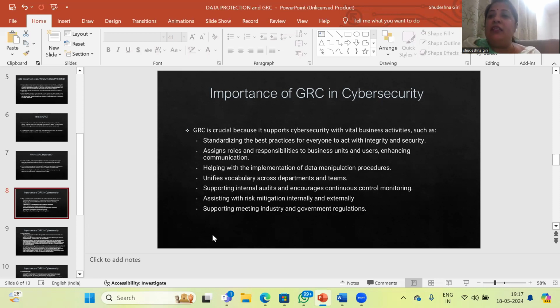Then you support internal audits and encourage continuous control monitoring. To protect against such things, governance is also a part of audit. In an audit you find out what your process is, what your procedure of taking backup is, how you put the data, and what clauses you have written on how you are going to protect the data.